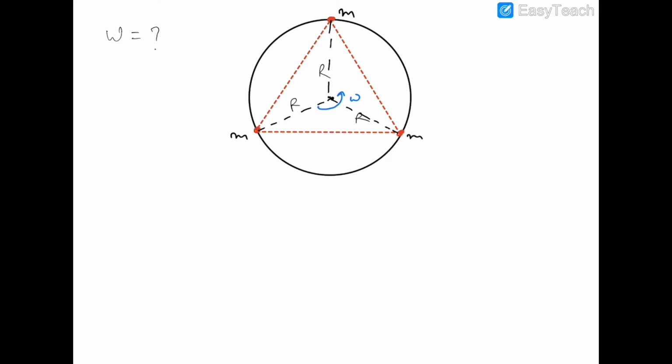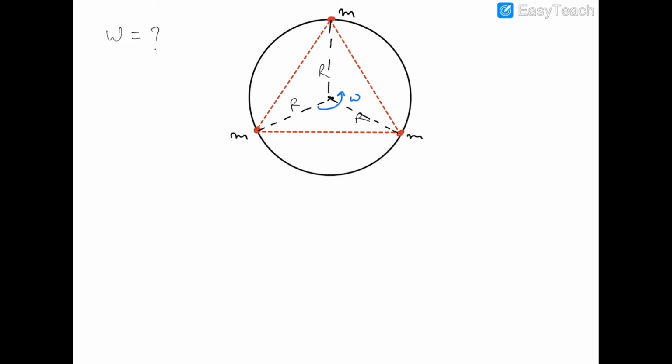In this question, you can see that there are three masses, equal masses M, M and M. They are rotating in a circle about their common center, which is the centroid of this triangle. So they are always rotating in this circle in such a way that they always form an equilateral triangle. And we have to find out this omega, which is the angular velocity of all of them.